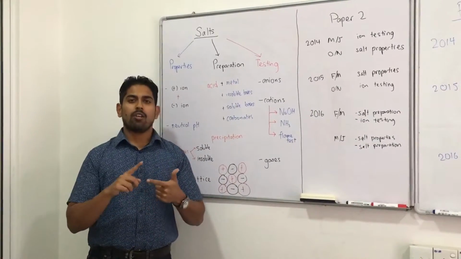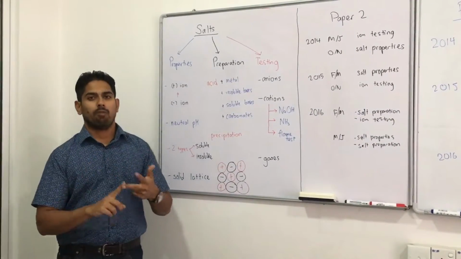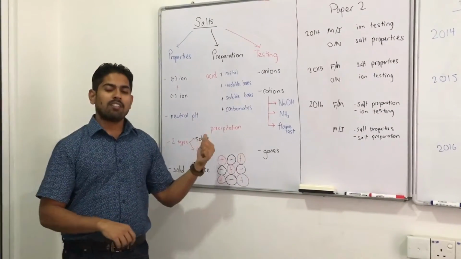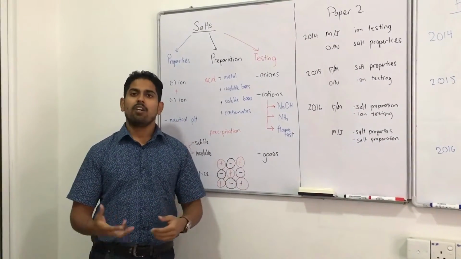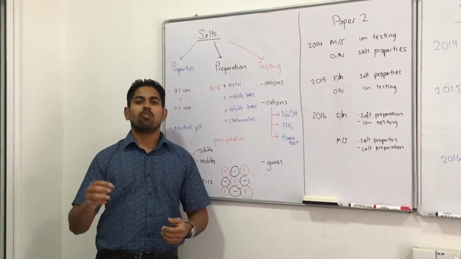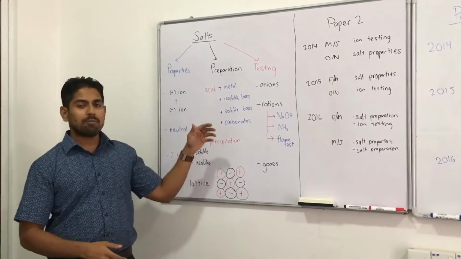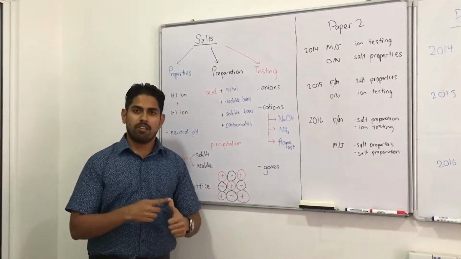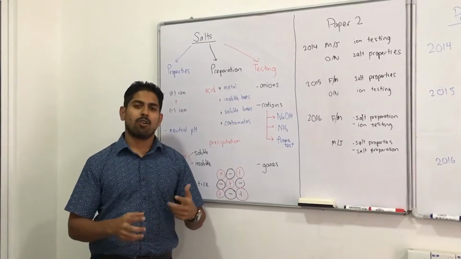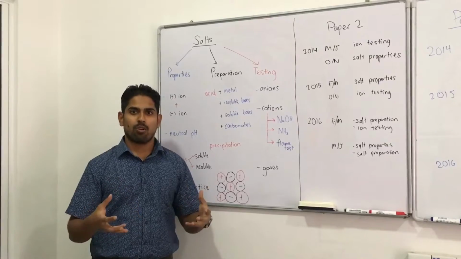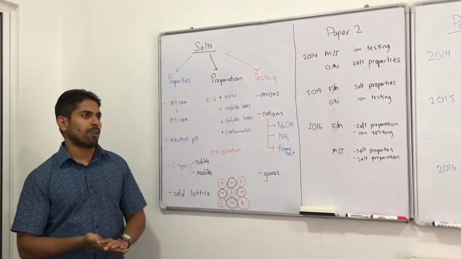You get a salt, carbon dioxide and water. The last method is precipitation, where you mix 2 soluble salts to produce 1 insoluble salt and 1 soluble salt. So the next part of this preparation is filtration, crystallization, all those methods in which you produce salts. You have to learn up all those methods as well.